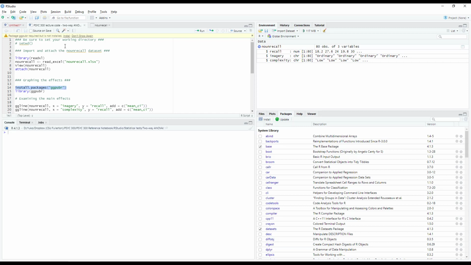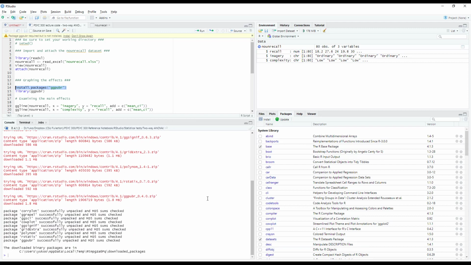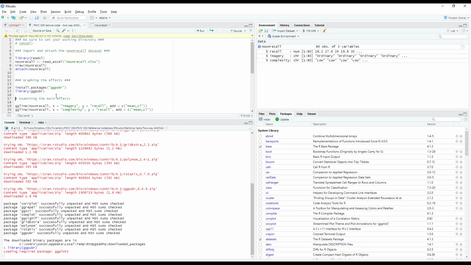And so let's try running this code and see how it goes. Here we go. All right, so here we are, and then let me try running the library code, and it looks like it ran. And so hopefully that gives us access to the ggline code. And so without further ado, let's try running the ggline code that I'd written up here.